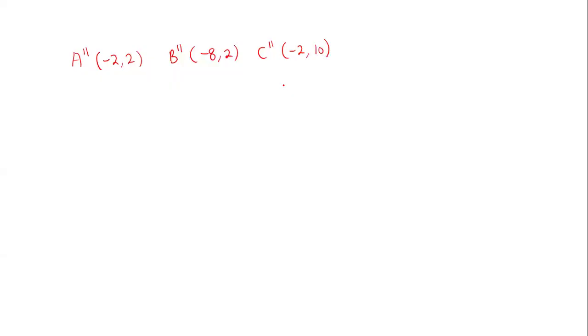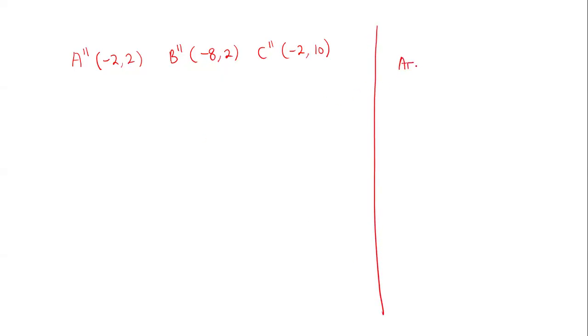Now, I'm going to show you one approach you can use, and then later on you can discover other approaches. One approach we are going to use is the determinant approach of finding the area. Whenever you have a triangle with coordinates, we can use this approach.